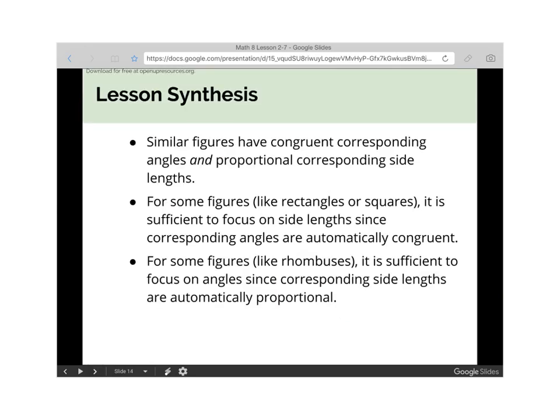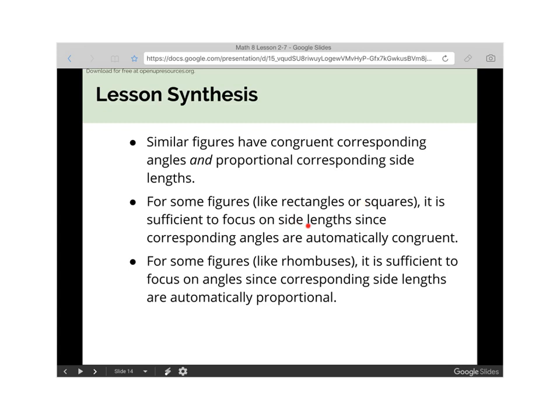Let's summarize some of the things we've talked about today. Similar figures have congruent corresponding angles. That is, the angle measures are the same between the two different figures. And they have proportional corresponding side lengths. That means they use the same scale factor for all sides. You might have noticed this, but for some figures like rectangles or squares, we already know the angles are the same.